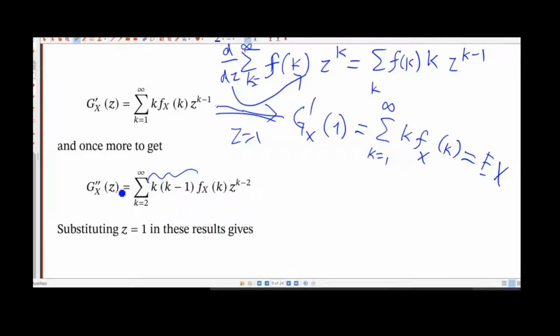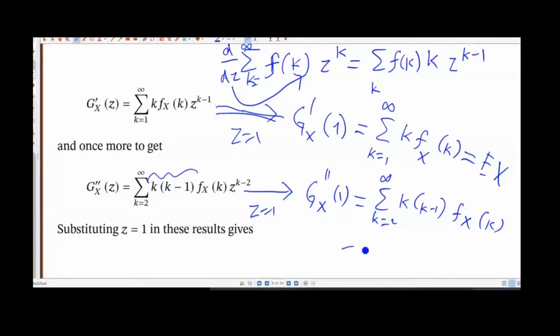What is this? Let me set z to 1 here. What do I get? So G_X double prime at 1. What is this? This is also an expectation, but of what? Anyone? Whose expectation is this? X times (X minus 1). Whatever function is here, you will apply the same there. It's not that here you have X minus 1 and there you have k times k. Where would k come from?